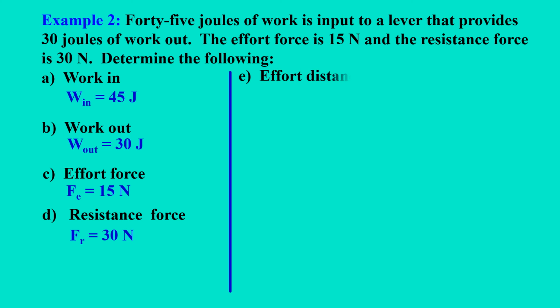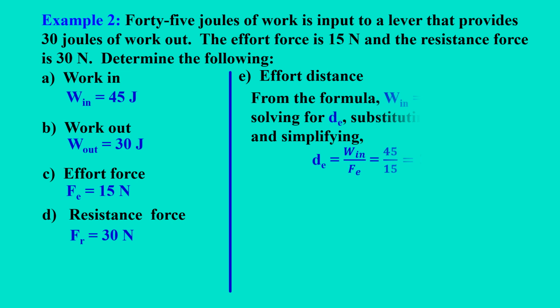Letter E, effort distance. From the formula, W sub in equals F sub E times D sub E, and solving for D sub E, we get D sub E equals W sub in over F sub E. Substituting the values, we get 45 divided by 15 equals 3 meters.